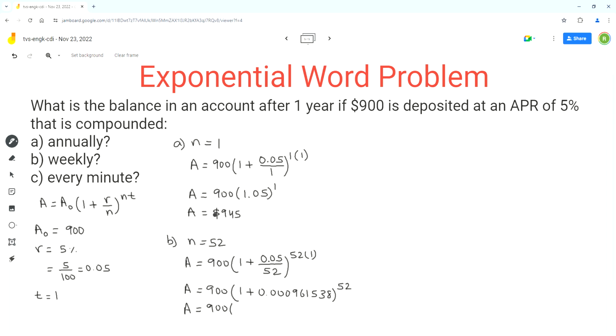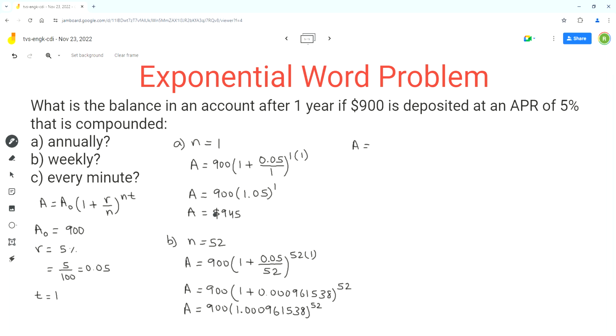Now we can add the numbers in the parentheses. It's a good idea to keep the full answer in these steps so that we get the exact final answer.